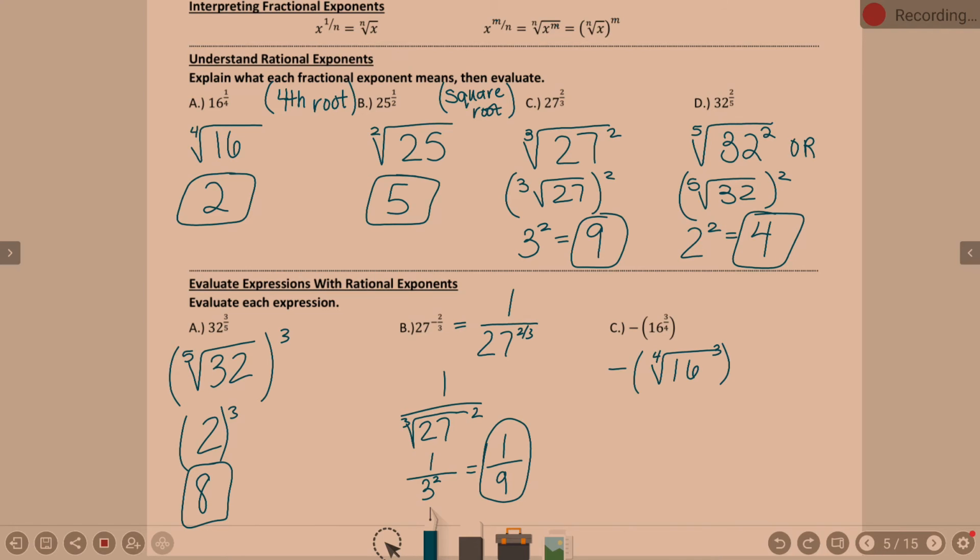So, again, if you want to do 16 to the 3rd and then take the 4th root, work that calculator. That's fine. You'll get the same answer. Some of you have tried it. That's good. I'm going to go with what's the 4th root of 16? 2. And then raise it to the 3rd. What's 2 to the 3rd? 8. So what's my answer? Negative 8.